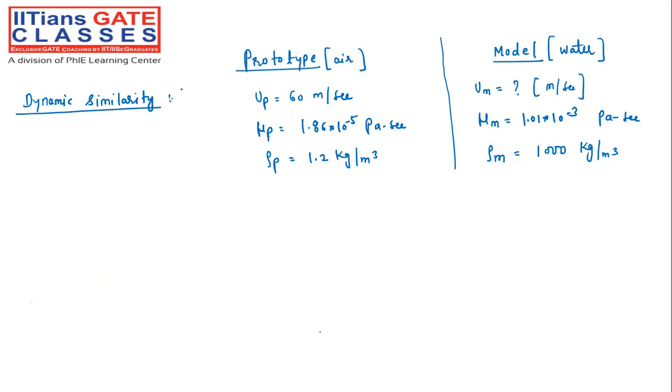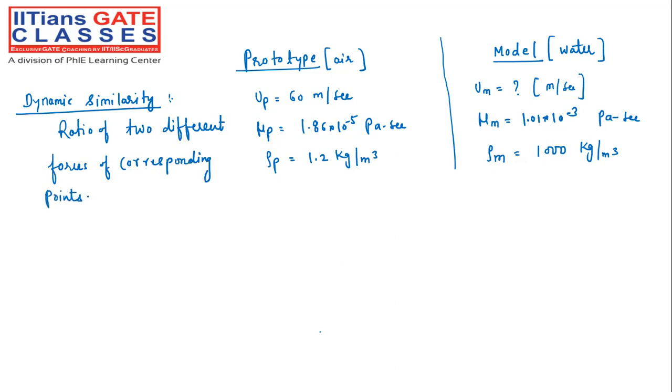Dynamic similarity means, listen very carefully, the ratio of two different forces at the corresponding points of model and prototype should be the same. Again, I'm writing this down: the ratio of two different forces at corresponding points of model and prototype should be the same.